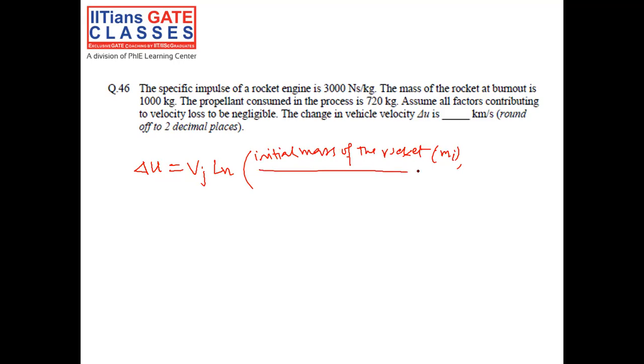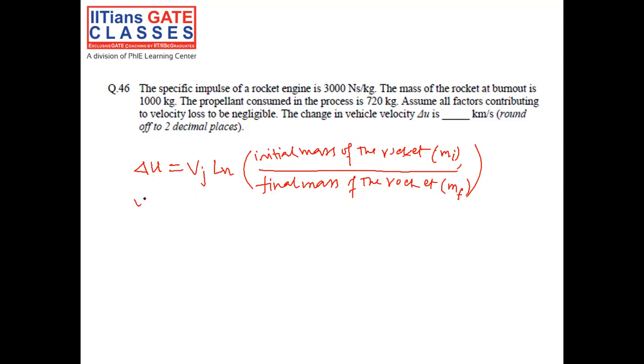So we know that for rocket propulsion, the change in burnout velocity, the change in velocity delta U is Vj into ln of initial mass of the rocket, which is mi, divided by final mass of the rocket, which is mf.